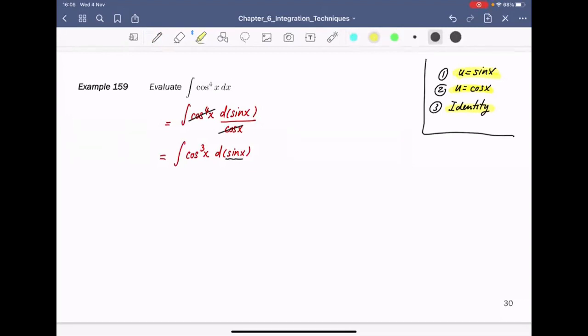Well, your task is trying to switch cosine to sine. However, because of the odd power here, you have no way, right? How could you switch cosine to sine when you have the odd power here? No, you cannot. Because all you know is just cosine square x equal to 1 minus sine square x. You can't. So, no way. This will not work.